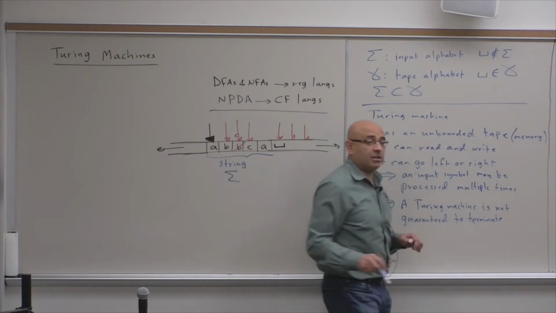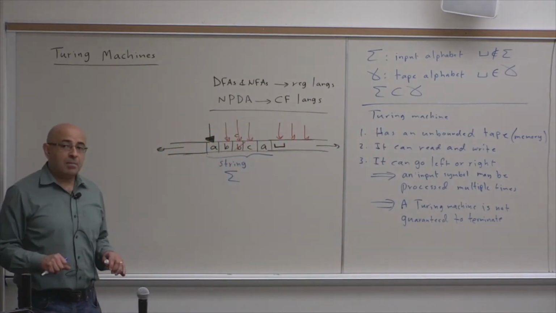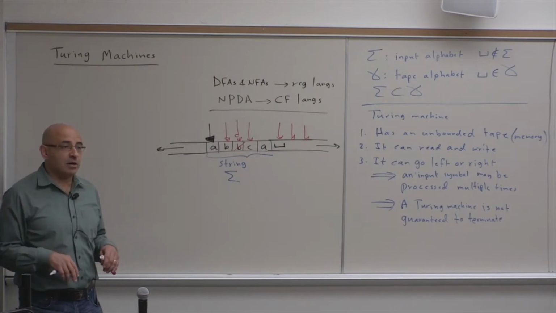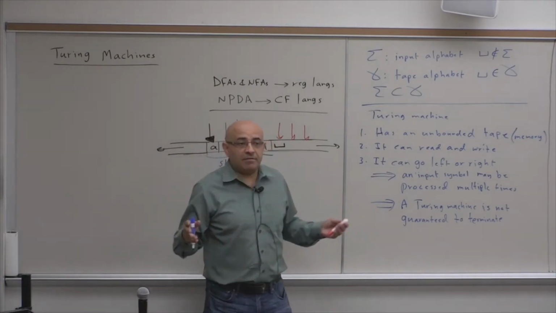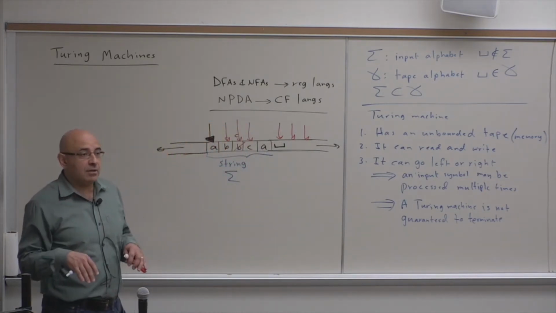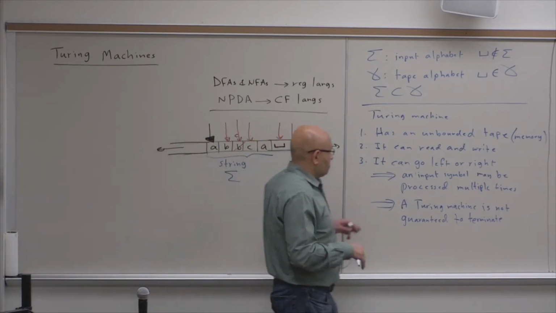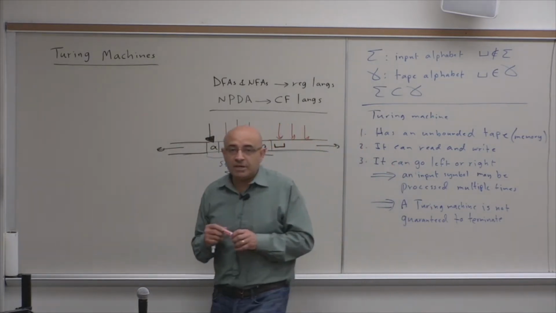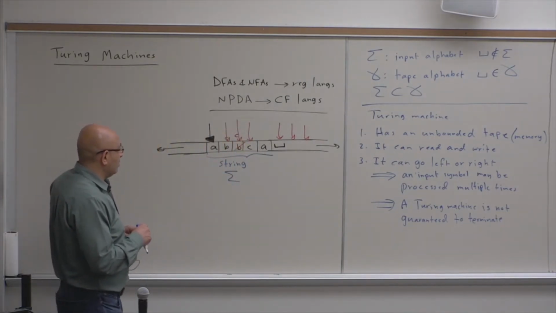So just like a general program, a program written using a general purpose programming language may not terminate. It may have infinite loops. It may have infinite recursion. It may have recursion without a base case, and then it will never terminate. So termination is not guaranteed. Not every algorithm is guaranteed to terminate.